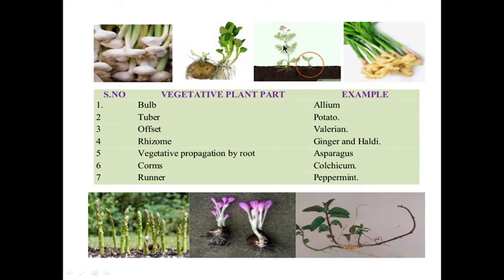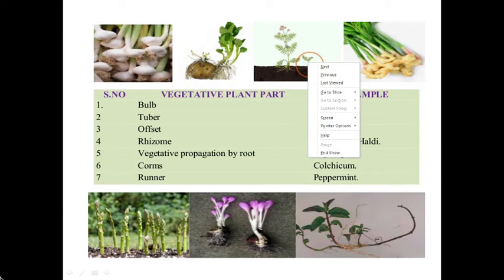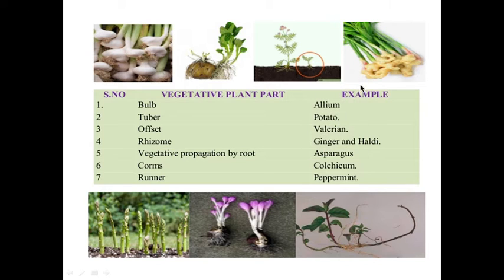So these are just like a clone. All the genetic characteristics of the mother plant come in the daughter plant. So this type of regeneration is known as regeneration by offset.